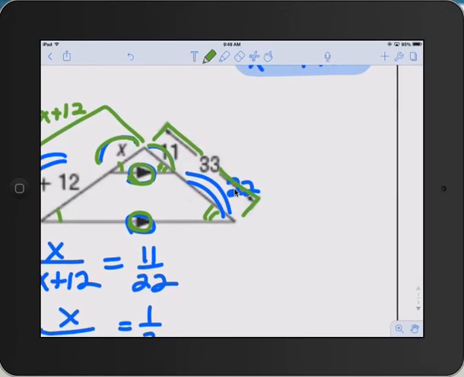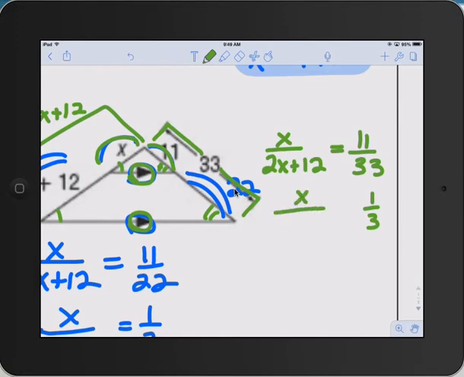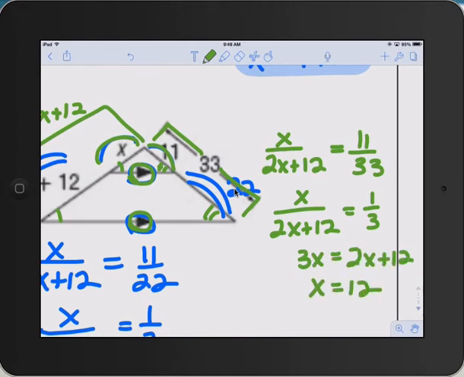So you can still do these by using similar triangles if you prefer. X is to 2x plus 12 as 11 is to 33. Now notice that this one is a 1 to 3 ratio. And so cross multiply, 3x equals 2x plus 12, and you've got x equals 12 that way also.